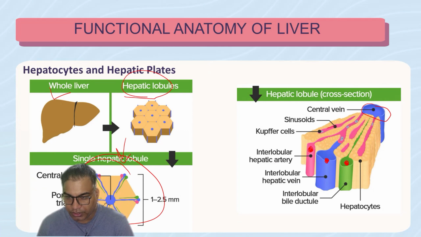These are the sinusoids, Kupffer cells. This one is the first column, this one is the second column. Between these two columns of hepatocytes there is a space, and between these two hepatic plates there is a space called sinusoid, which opens into the central vein. These are the hepatocytes.